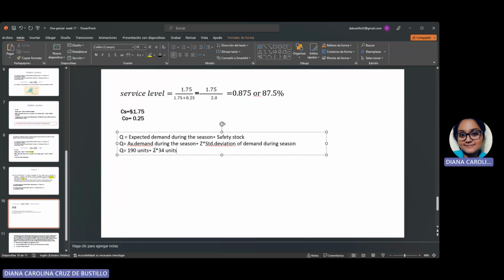It's the C value. What is the C value that allows you to have a service level of 87.5%? Now, we have done this already when we were working on the P model. We had to calculate C values for determining inventory sizes. So it's not new for us.